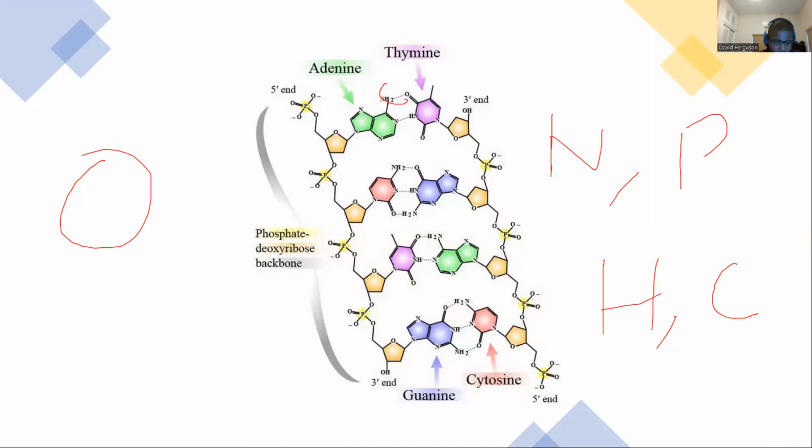You have the amine there. And then we also have the phosphate there. And then we have other functional groups, but I'm not going into all that. We have hydroxyls there. And that's as far as I want to go with you today.